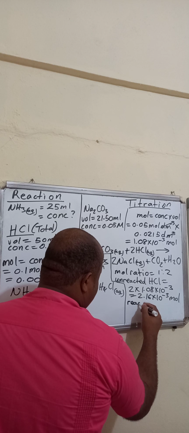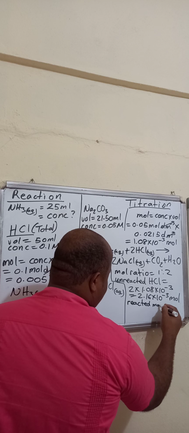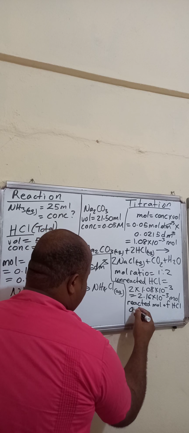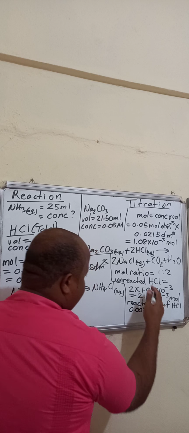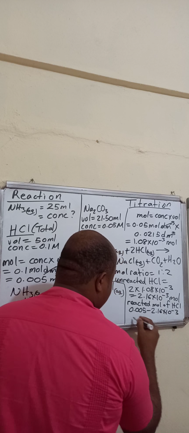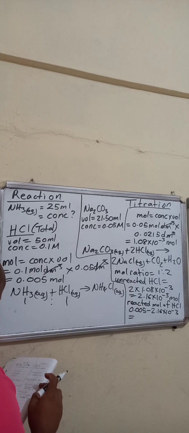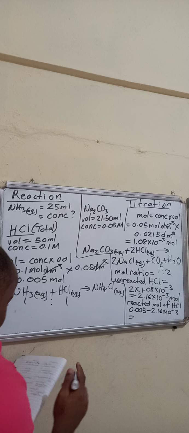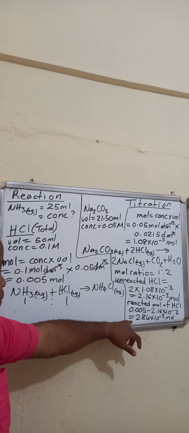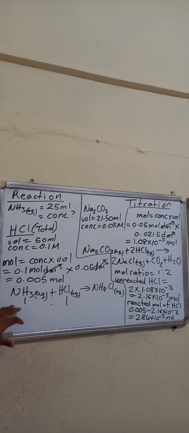So to get the reacted mole of HCl, it would be the total, which is 0.005 minus the excess 2.16 times 10 to the minus 3, and you will end up with 2.84 times 10 to the minus 3 moles. Alright? So that's how we get the amount of moles of HCl that react with the ammonia.